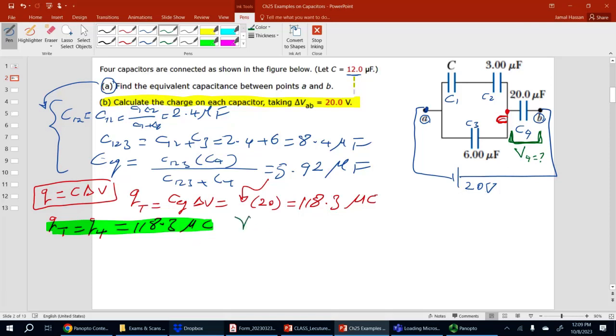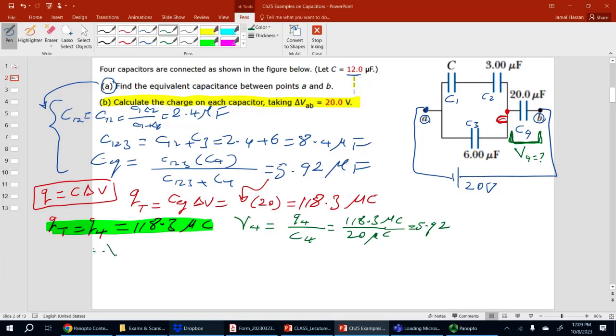I'm going to say V4 is equal to Q4 divided by C4. Q4 is 118.3 microcoulomb, C4 is 20 microfarad. Let's see what the answer will be: 118.3 divided by 20 is 5.92.